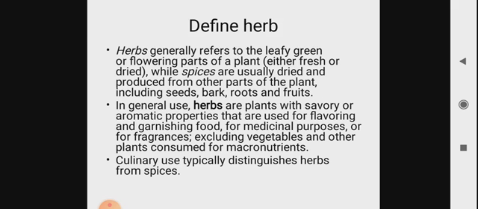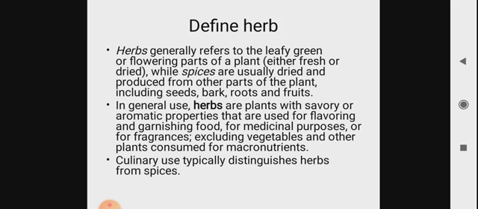What is herb, or define herb? Herbs generally refers to the leafy green or flowering parts of a plant, either fresh or dried, while spices are usually dried and produced from other parts of the plant, including seeds, bark, roots, and fruits.